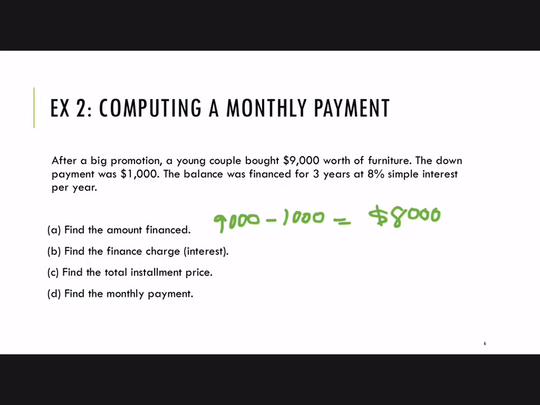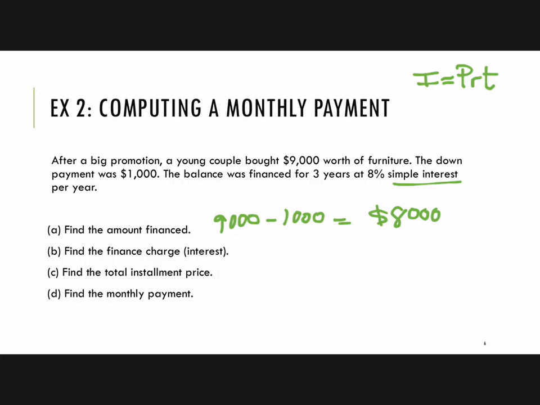So in this case, we can make a direct calculation since I know that the finance charge or interest is simple interest. All right, and remember the formula for simple interest, it's I equals principal times rate times time. All right, so the interest is being charged on the balance that was financed. So it's this $8,000. That's the starting amount for the loan.